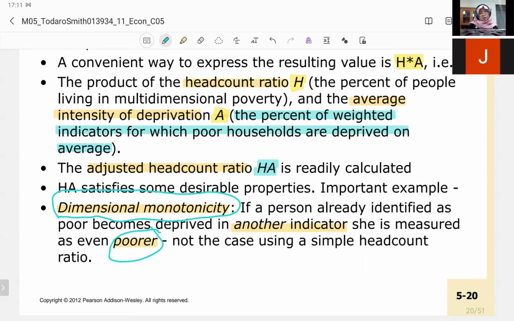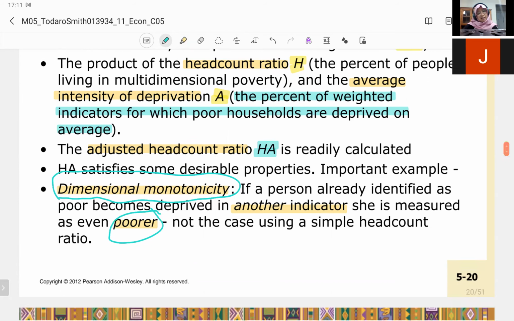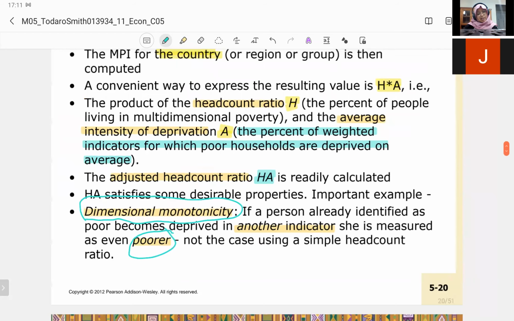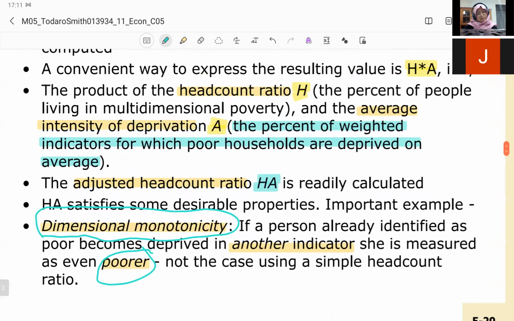The concept of monotonicity, you have learned about it in your microeconomics. Choices or preferences that are rational have the characteristic of monotonicity. Monotonicity means that in terms of preference, if you consume more of the goods, you are going to be more satisfied.